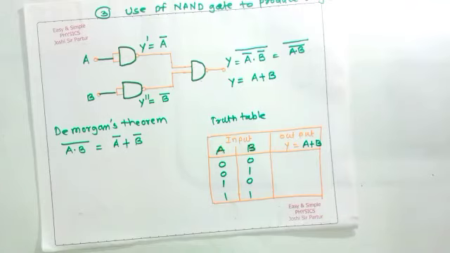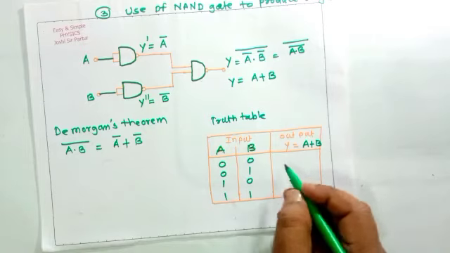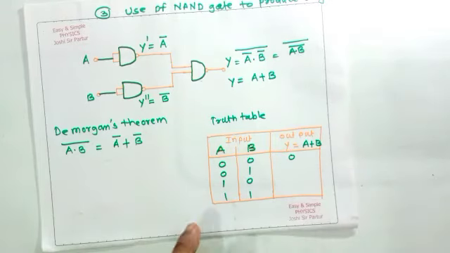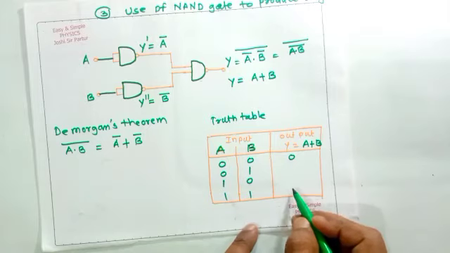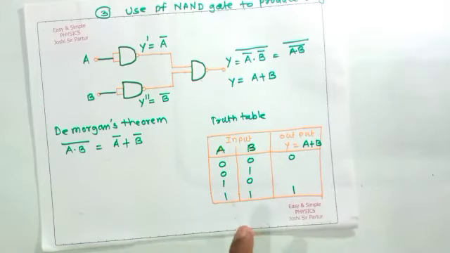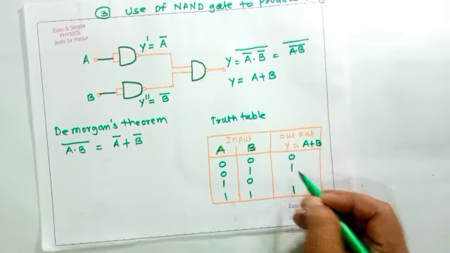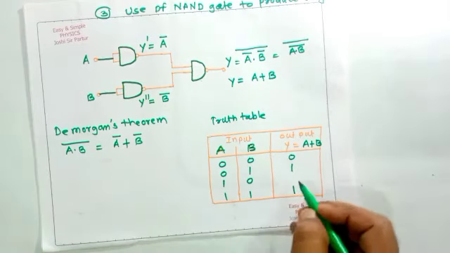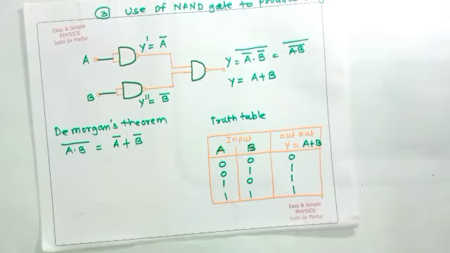Using these four possibilities, when both inputs are low, output is low. When both inputs are high, output will be high. In case one is low and another is high, output will be high. This proves the truth table for OR gate.